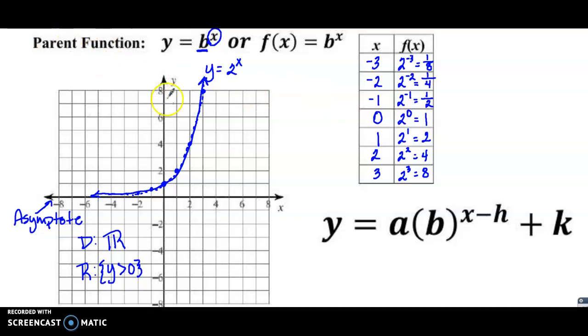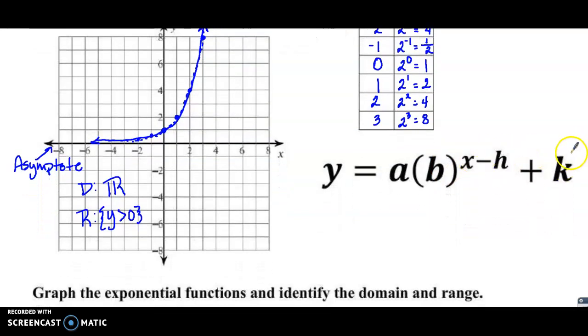Okay? Now, I've given you the formula to refresh our memory of what all of these h's and k's and a's do to our graphs. Just to refresh your memory, the k tells us we're going to have a vertical shift, and it will follow our sign, meaning if it's plus, it will go up.